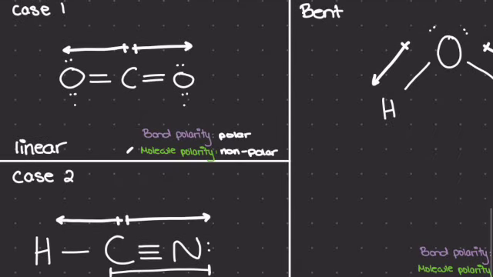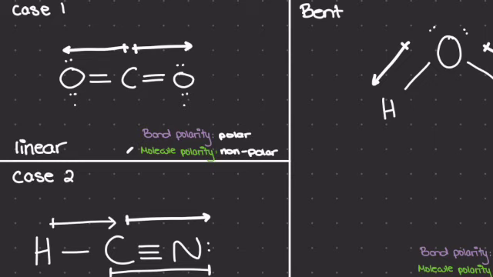Now, my second case, linear polarity, is a very specific case. You don't really have many polar linear molecules, but for the cases that we do, for example HCN, we know that carbon is more electronegative than H, so my arrow is going to point this way.